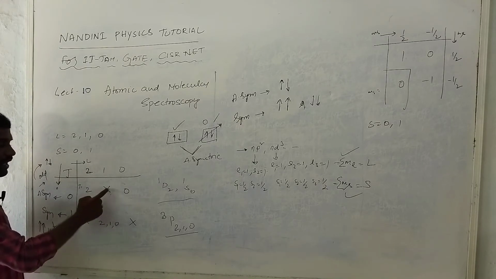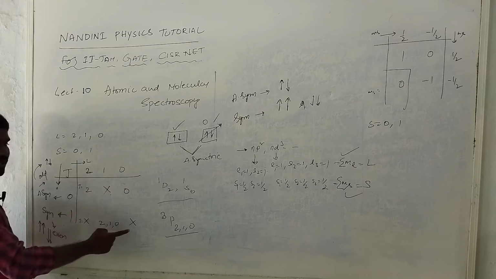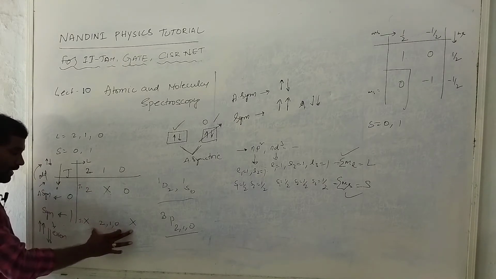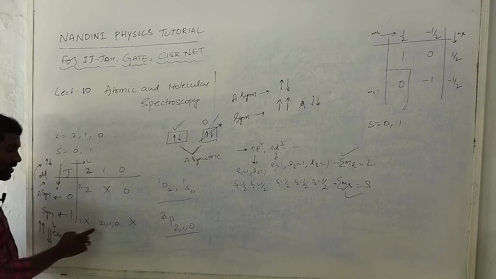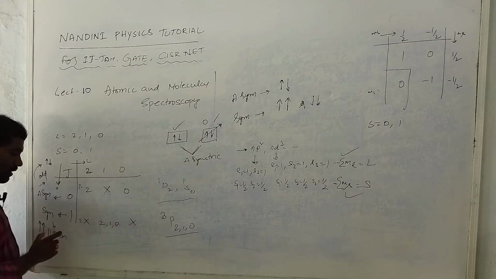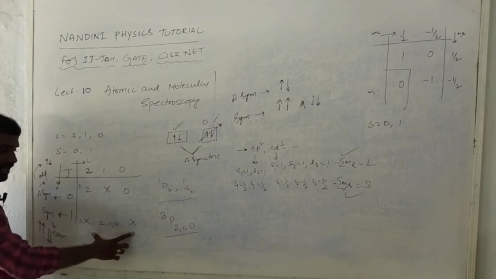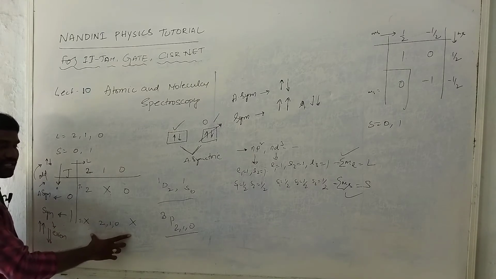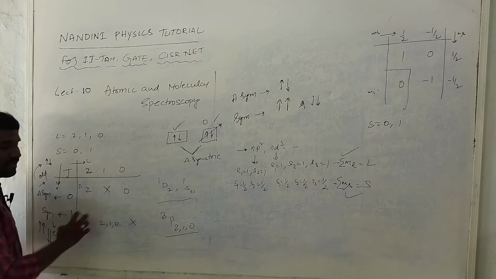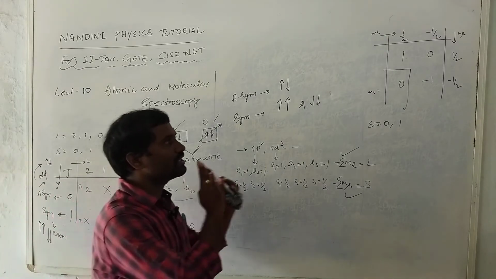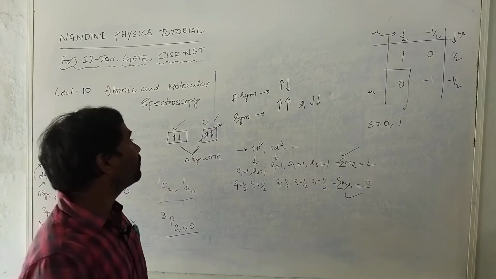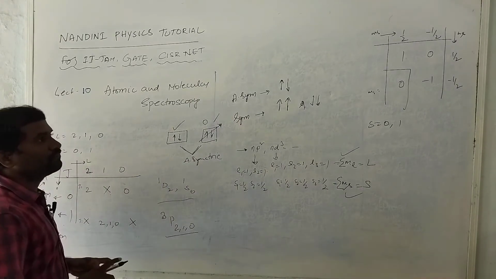That is the reason why I am using the don't care condition here. So this is about finding the spectral terms for equivalent electrons.